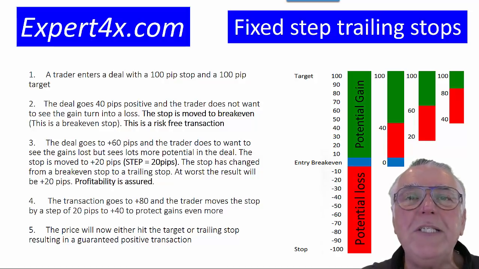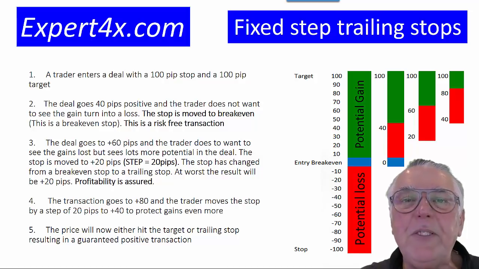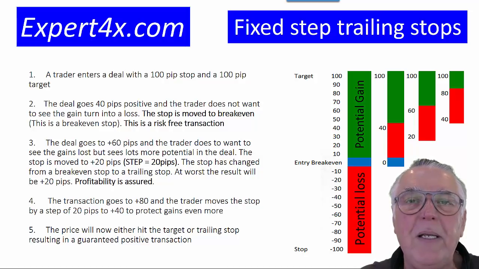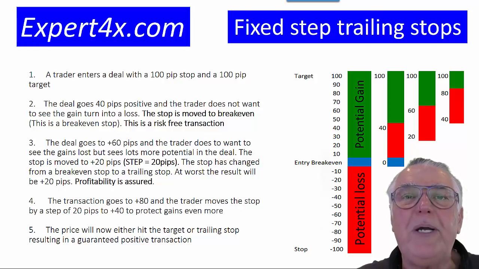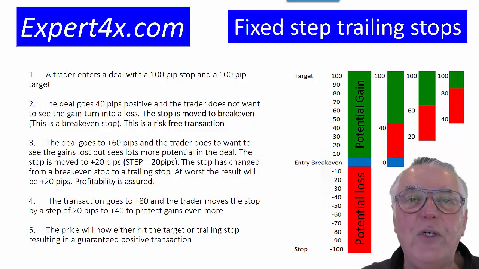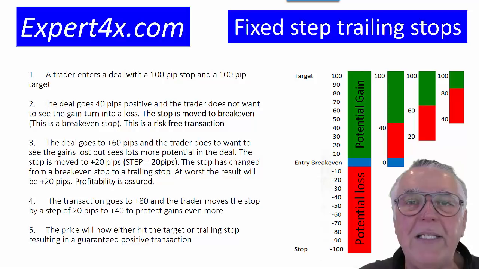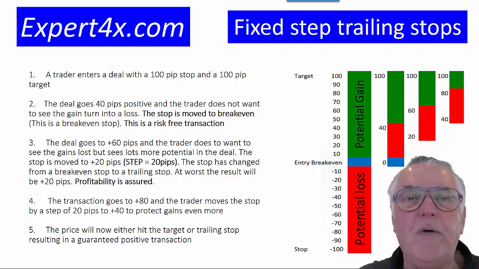Now should the transaction then move on to, let's say, plus 60, what then happens is the trader moves the trailing stop up by 20, and that we call a step of 20. So it is now at plus 20. The trader is now assured of profitability, and the transaction hopefully has enough room with 40 pips of movement.